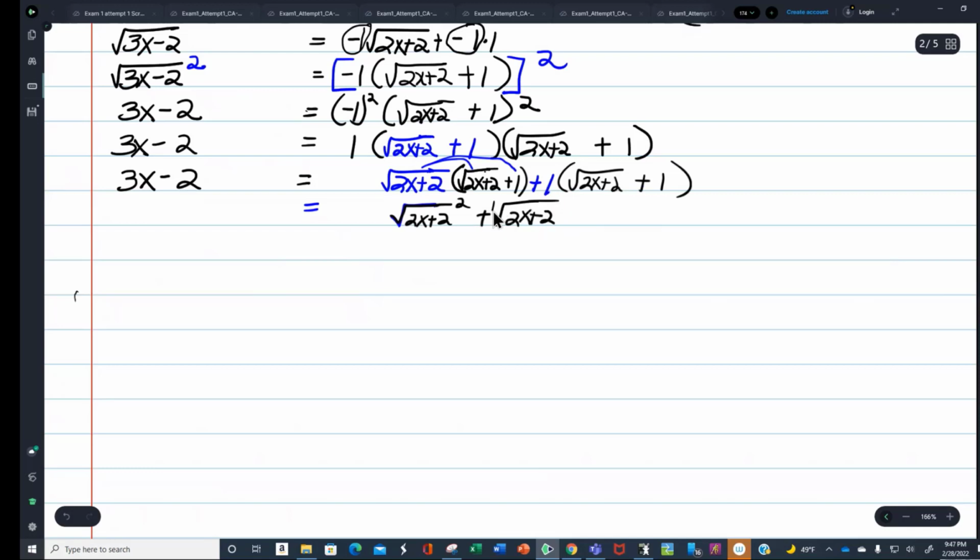And there's my 1. You don't really have to have it there, but it doesn't hurt. And then plus 1 times the square root of 2x plus 2. And 1 times 1 is 1, plus 1.